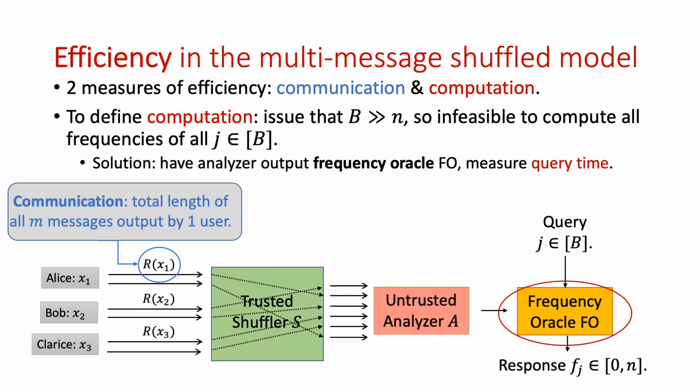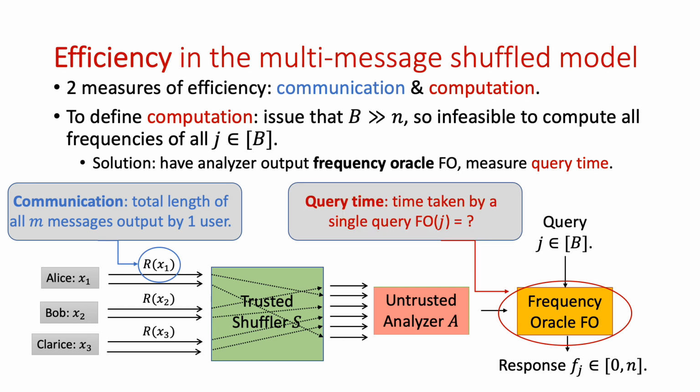And an issue here is that the domain size B might be much larger than the number of users n, so it could be infeasible to compute the frequencies of all elements j in the domain from 1 to B. The solution is to require the analyzer to output a frequency oracle FO, which takes as input a query j from 1 to B, and outputs a frequency f_j, which is an integer from 0 to n, denoting the estimated frequency of item j in the data set. And we measure computation by measuring the query time, which is the time taken by a single query FO of j.